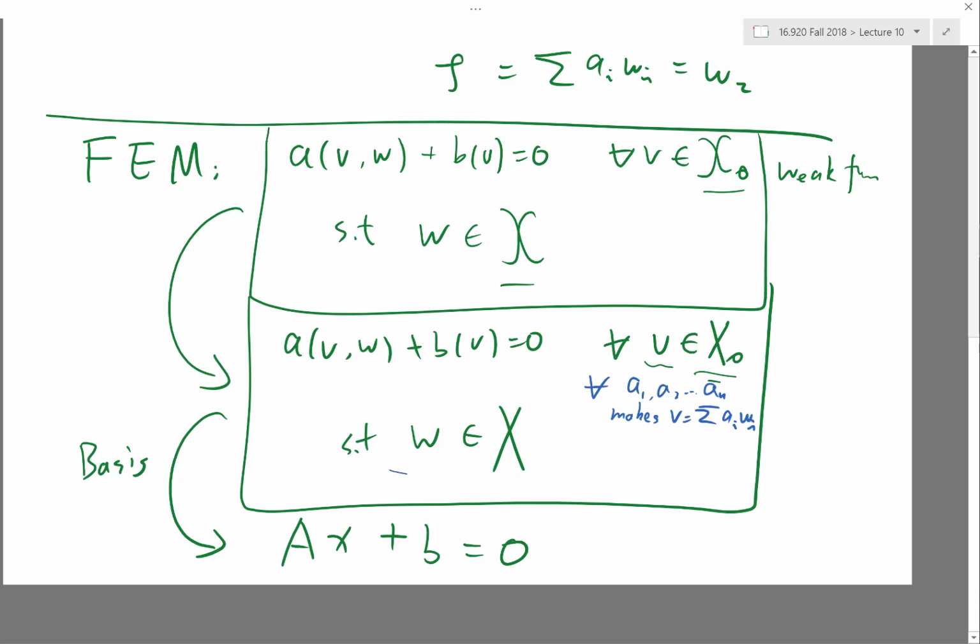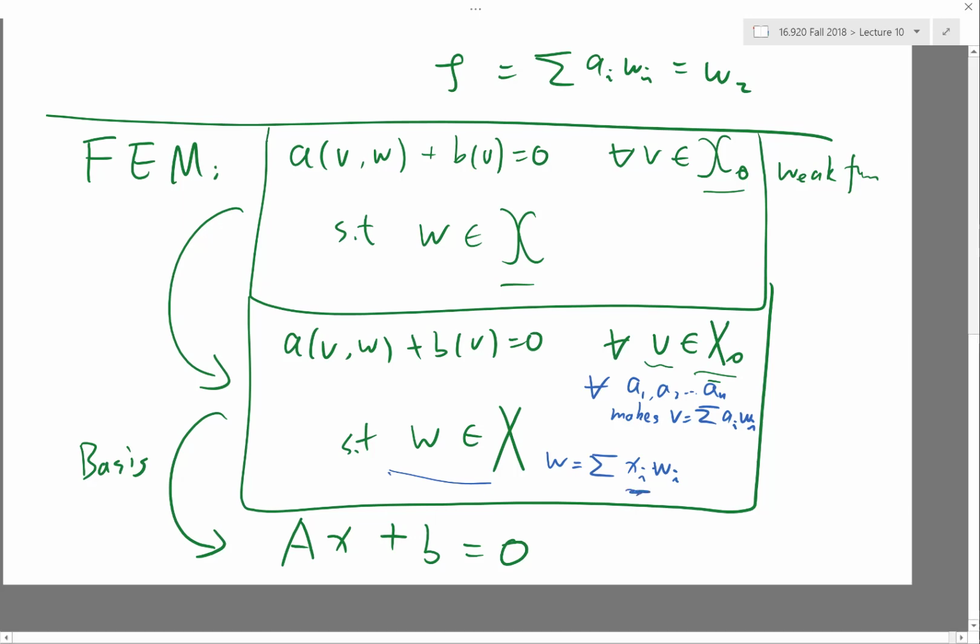Such that w is within X is also simply saying that w is actually a linear combination of xi times Wi. Does it make sense? So basically, the solution, instead of being an unknown function within a space, becomes these linear combination coefficients, right?